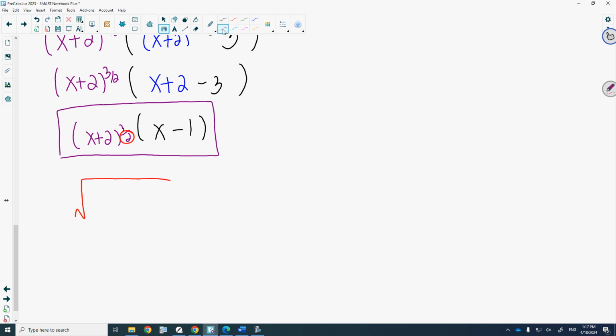So underneath a radical sign, I'm going to put x plus 2, and it's going to be to the power of 3. And the index is a 2. But again, you don't need that to write the square root of that. So it would be the square root of x plus 2 to the power of 3, and then that is going to be times x minus 1. So later on in the course, this would be the answer you would give. Right now, it's fine to give that as your answer.